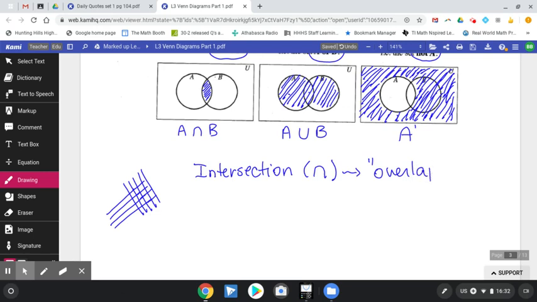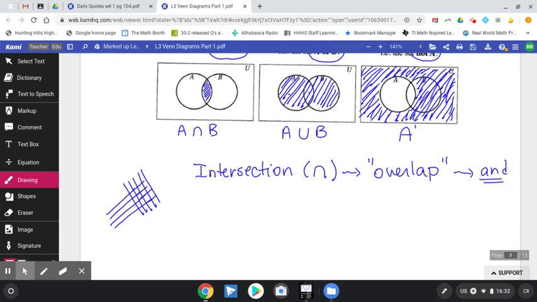And this is not just talking about the overlap of two circles, but the overlap of two sets. So we'll shade the two sets differently, and where they overlap will be the intersection. And our connector word for this one is the word and.